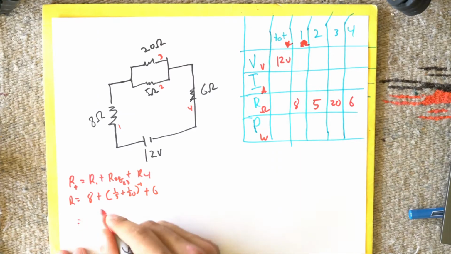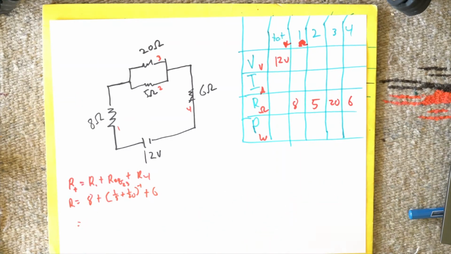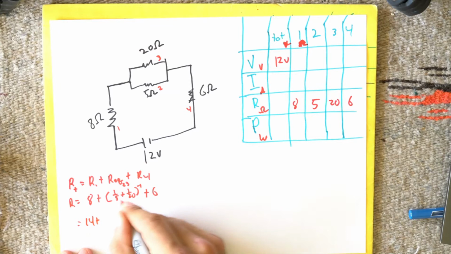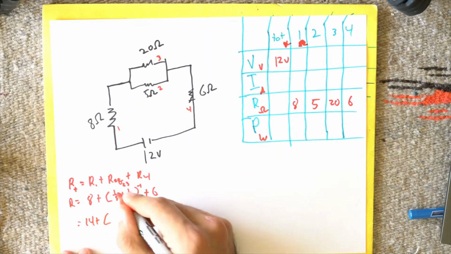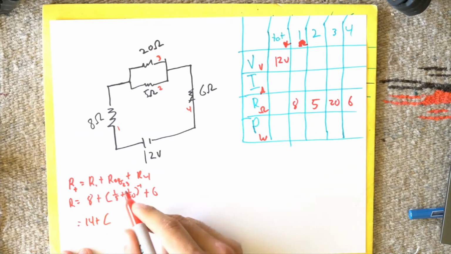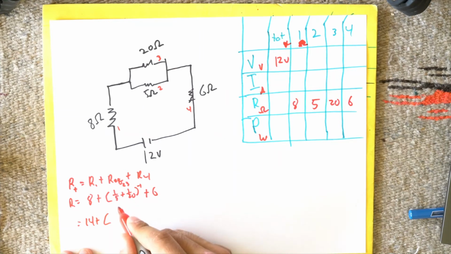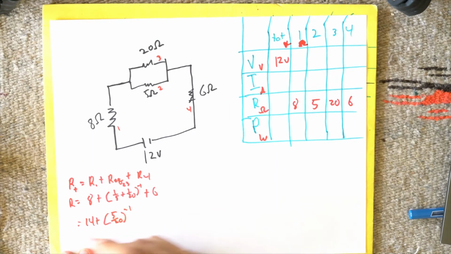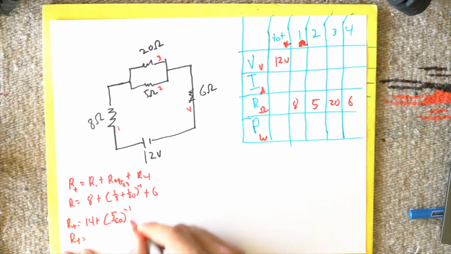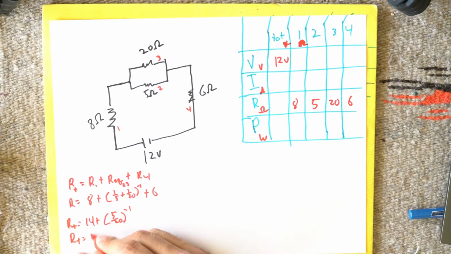So if you're to do that, that'd be 14 plus, and then right here we can do 4 over 20 plus 1 over 20, that would be 5 over 20 to the negative 1. So my R total would actually equal 4, so that would be 18 ohms.